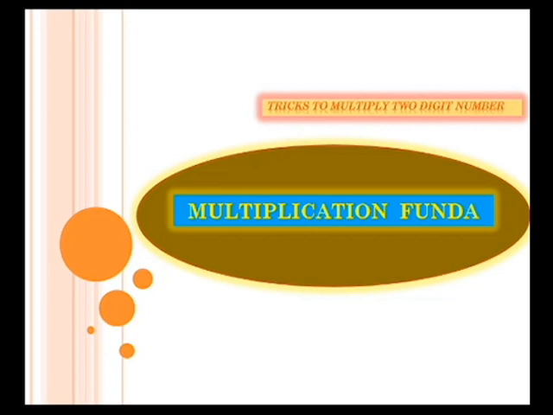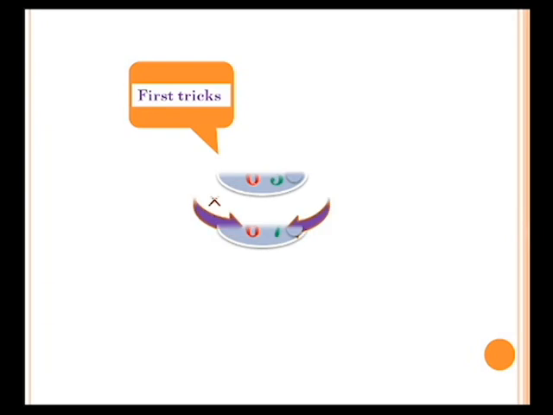So let us take one example, that's trick 1, multiplication of 63 and 67. Look at these numbers. In the 10s place 6 is the same, so we take 6, and next to 6 is 7, and take the multiplication, that is 42.